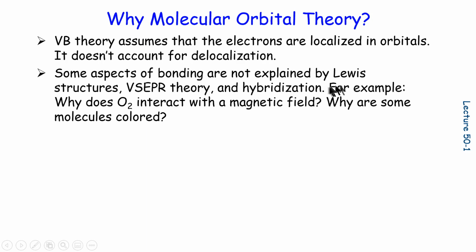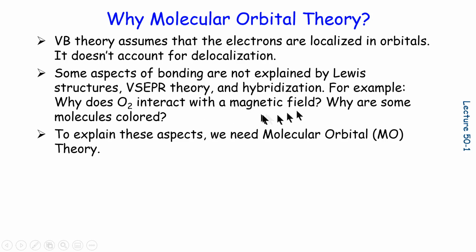Examples for the ones that cannot be explained by the theories we already learned so far are oxygen molecules, why it has a magnetic property, and also why some molecules are colored. To explain those, we will need the molecular orbital theory, MO theory.